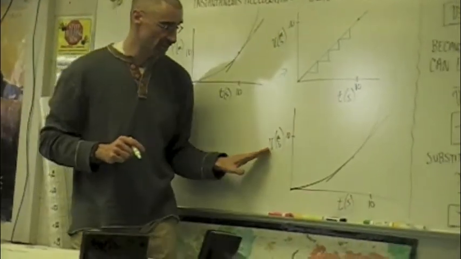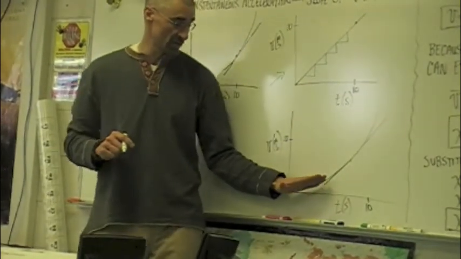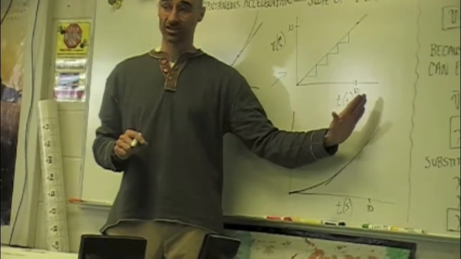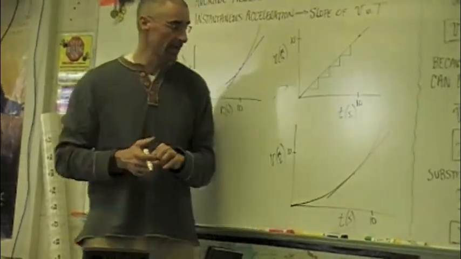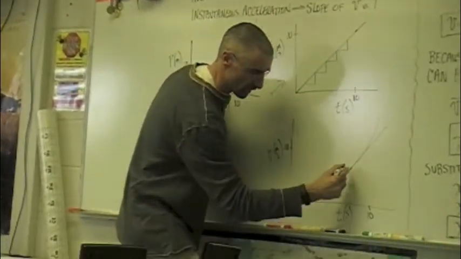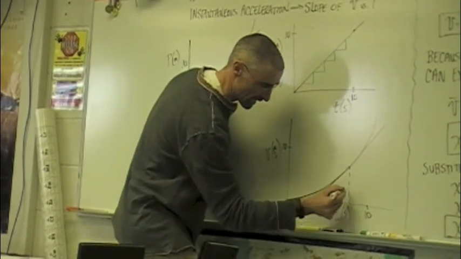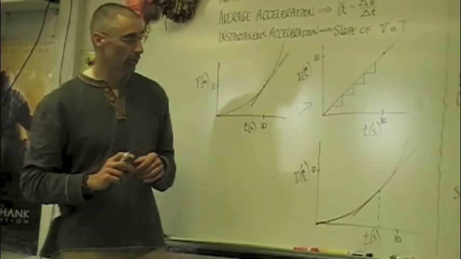If our velocity versus time is not linear, that means that we are accelerating, but we're accelerating at a changing amount, okay? Which is hard for your brain to wrap around. But if we wanted to find the instantaneous acceleration, then what we'd have to do is find the slope of the tangent line at that point. Okay? Now, how would we go about doing that?